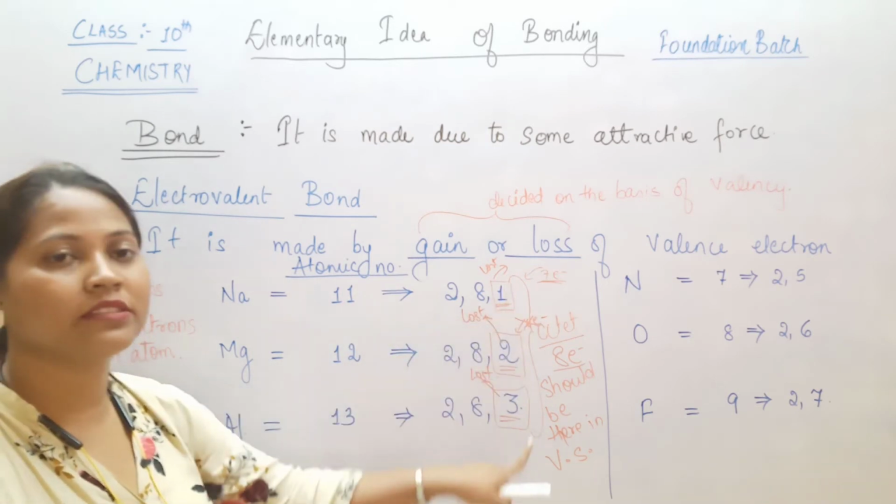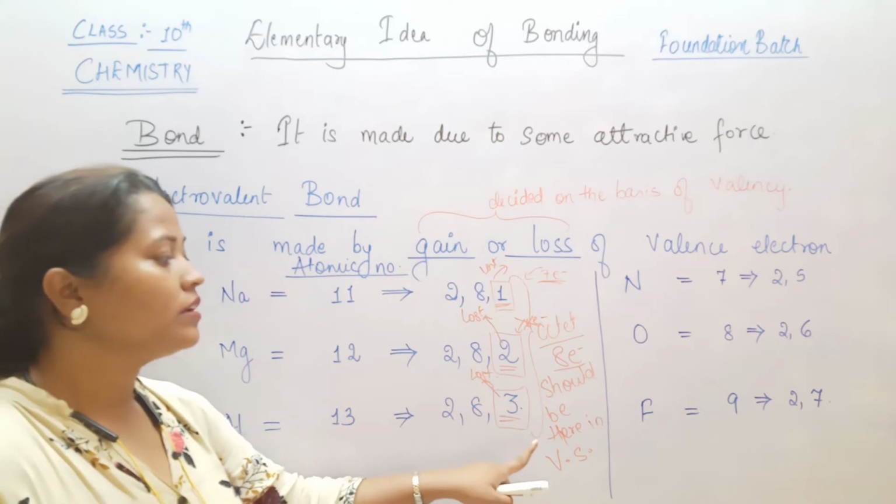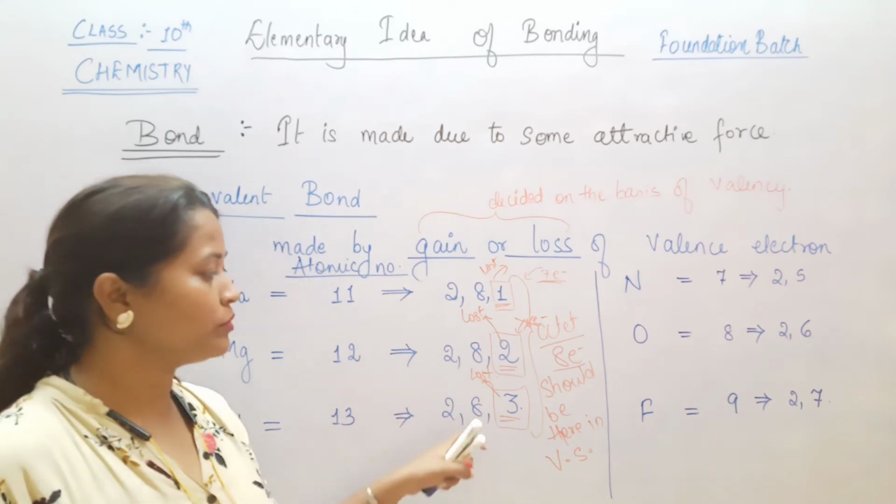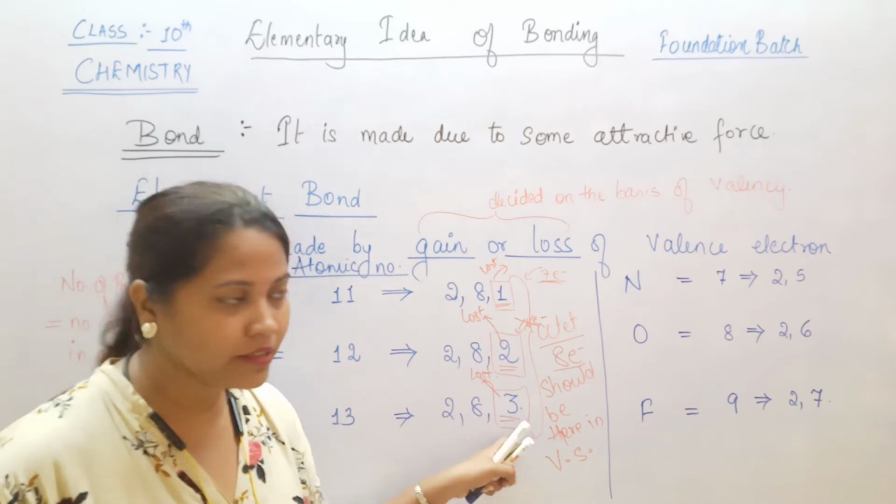So whenever there is an extra electron, that is, less than 4 electrons in the outermost shell, then that is considered as extra electron.